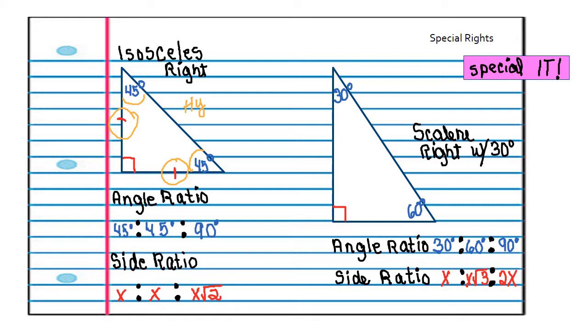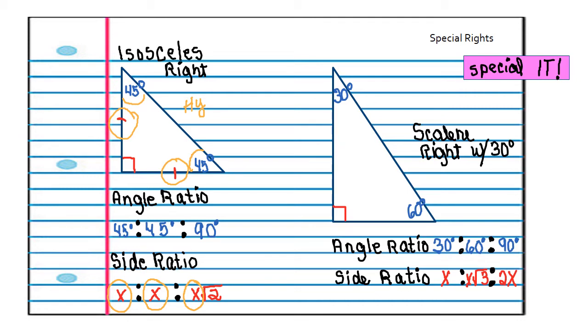We call this a 45, 45, 90. Or if you want to be really cool, you call it an isosceles right triangle. And the side ratio makeup is the leg, which is x, the leg, which is x, and the hypotenuse is always whatever the leg is times the square root of 2.